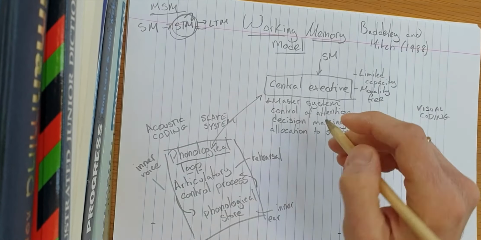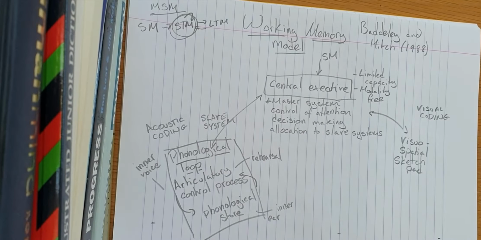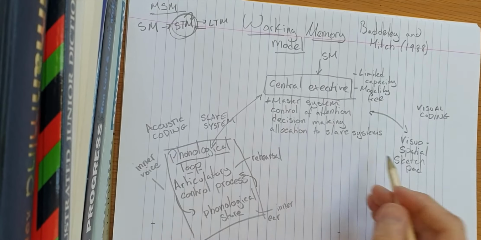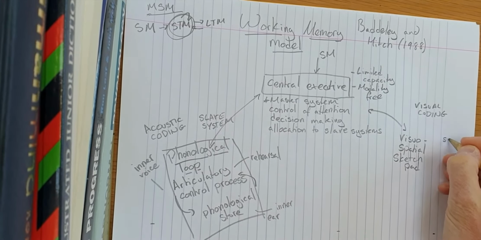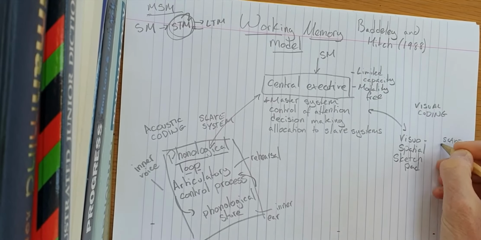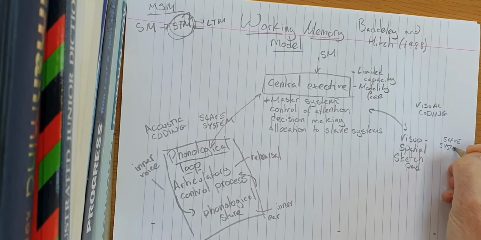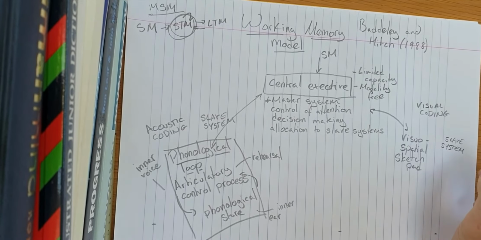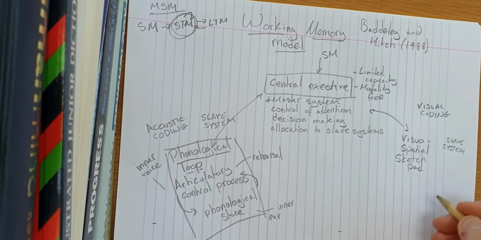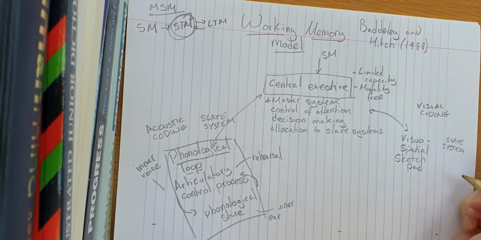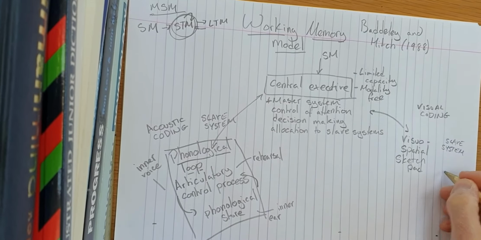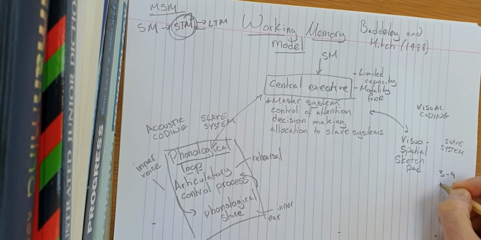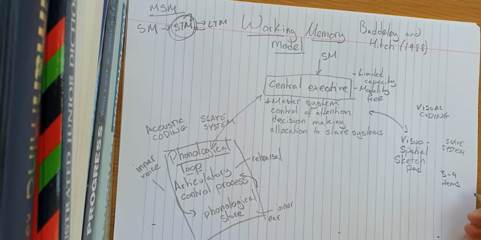So if information is coming into the central executive that is based on pictures or images, the central executive is going to send it to the visuospatial sketchpad to be processed. Again, we've got a slave system just here. The capacity of a visuospatial sketchpad is 3 to 4 items. So 3 to 4 different images.